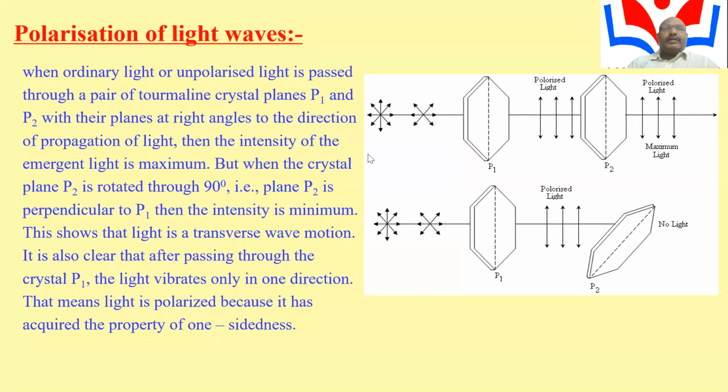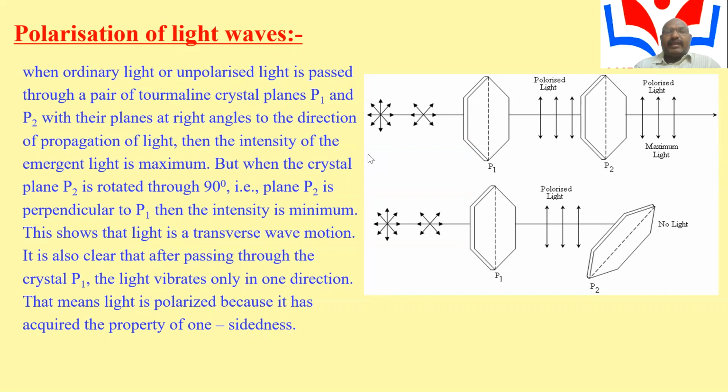So what is the polarization of light waves? From the diagram, analyze polarized light and no light passing through the P2 crystal. When ordinary or unpolarized light is passed through a pair of tourmaline crystal plates P1 and P2 with their planes parallel, perpendicular to the direction of propagation of the light, then the intensity of the emergent light is maximum.